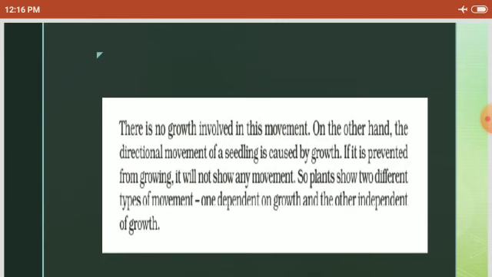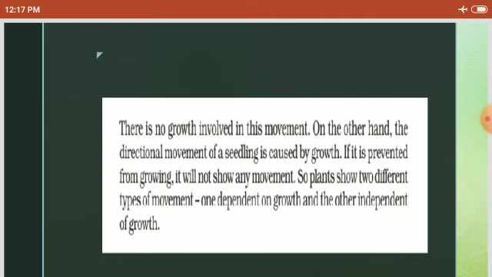There is no growth involved in this movement. On the other hand, the directional movement of a seedling is caused by growth. If it is prevented from growing, it will not show any movement. So plants show two types of movement.